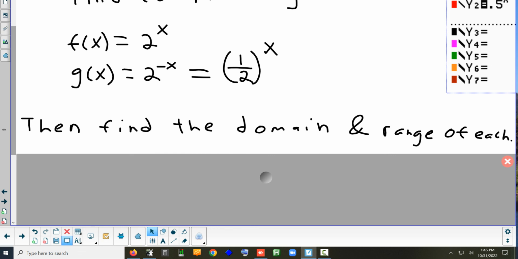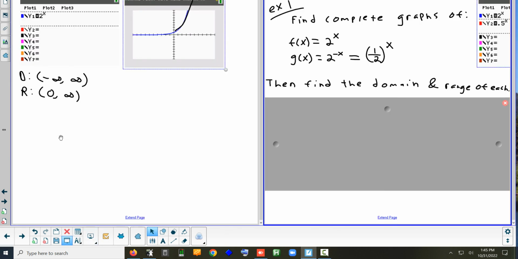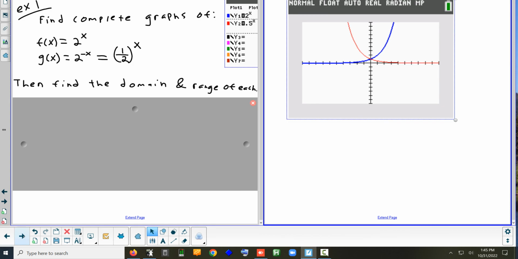So let's look at those two graphs and see if we can determine the domain and the range of each one. Well, we've already done the one in blue earlier. What was the domain of the one in blue? Well, Curtis?